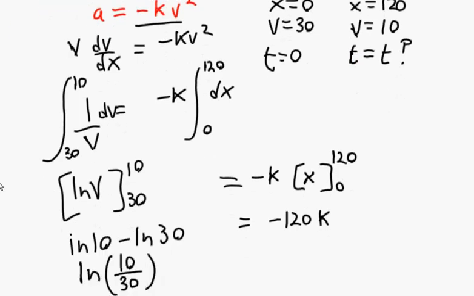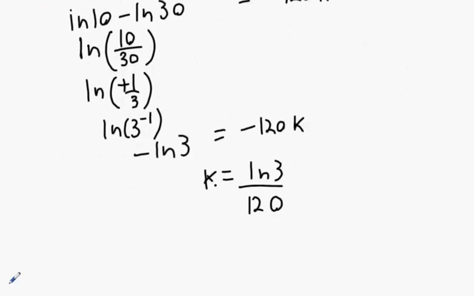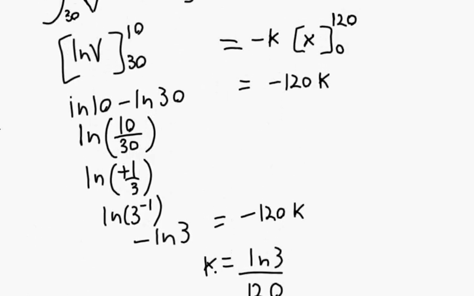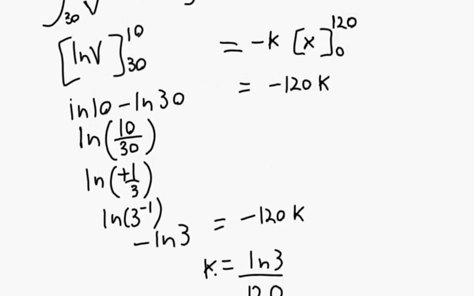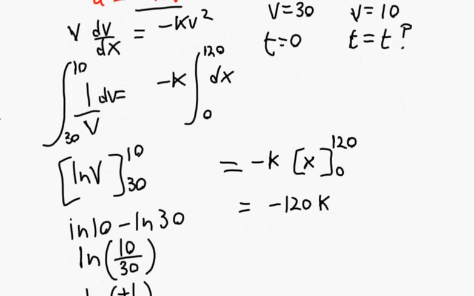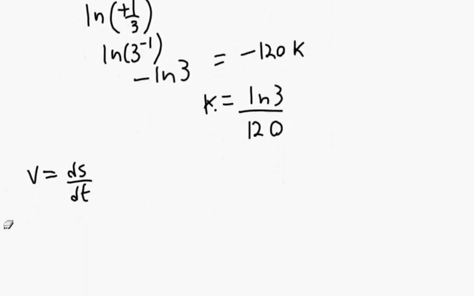So remember that velocity v equals ds dt. And if we go back to our workings earlier, we're looking for the time taken for this to happen. ds dt.